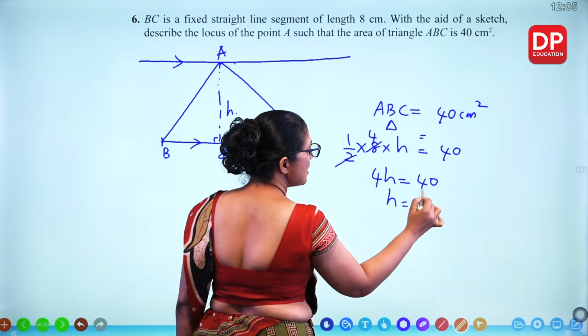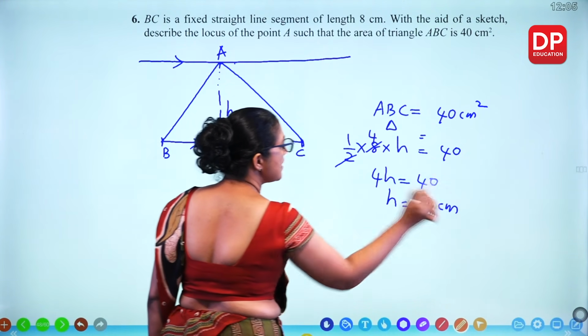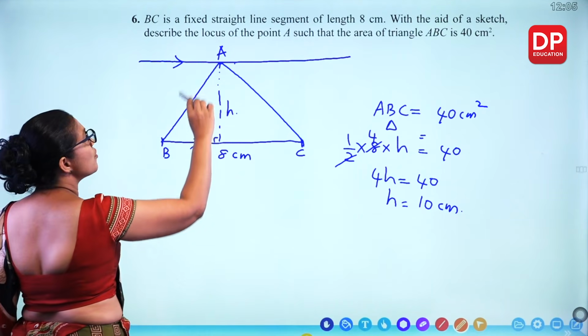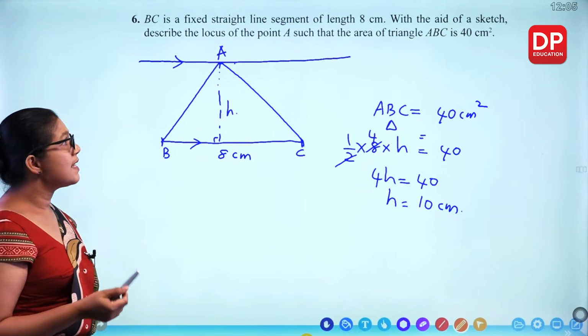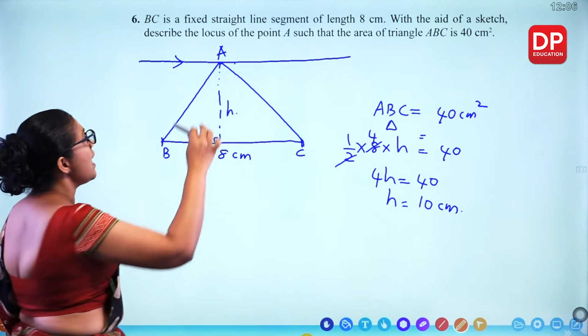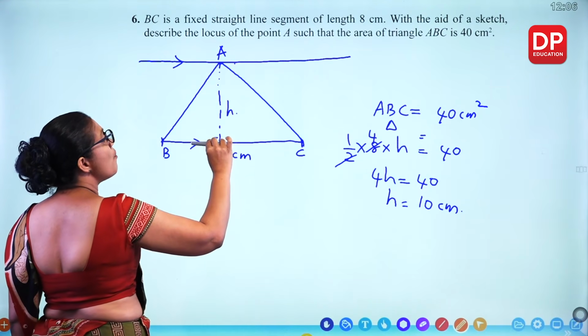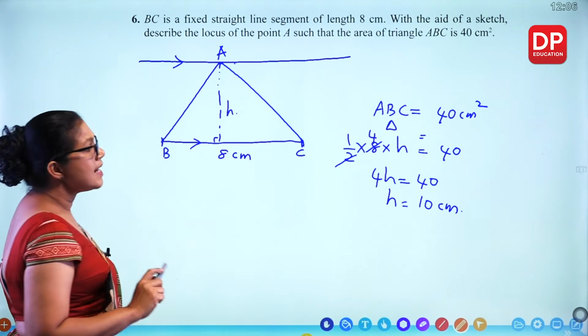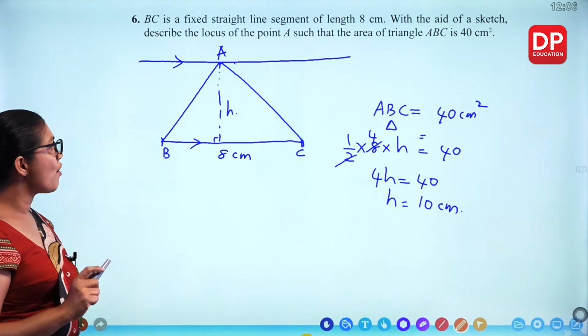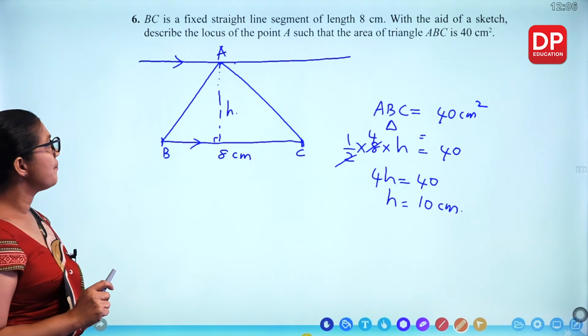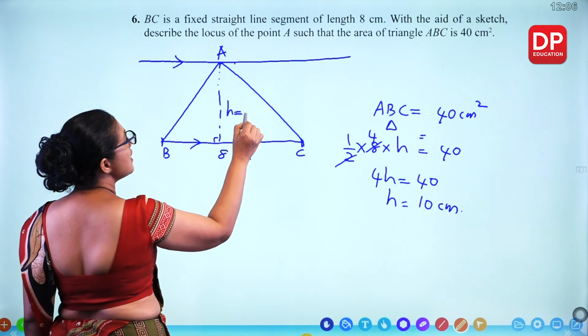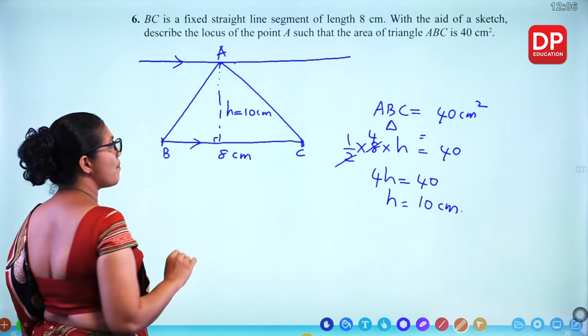H is 10 centimeters. That means to get the area ABC 40, point A should be 10 centimeters away from the line BC.